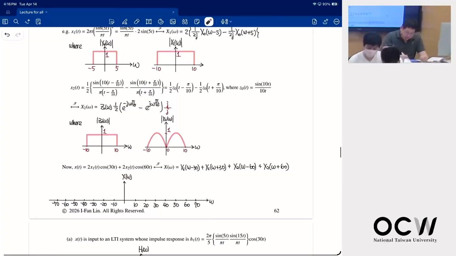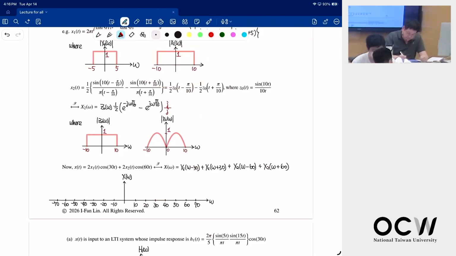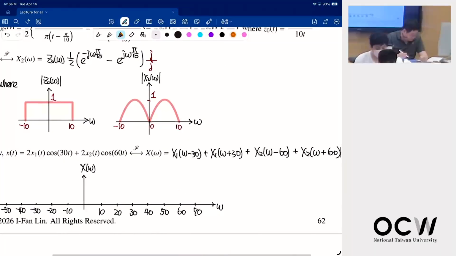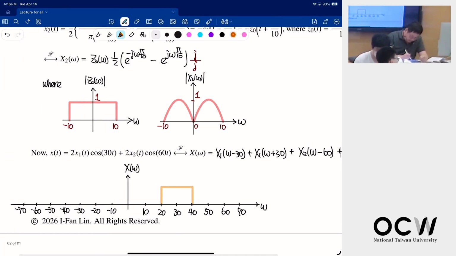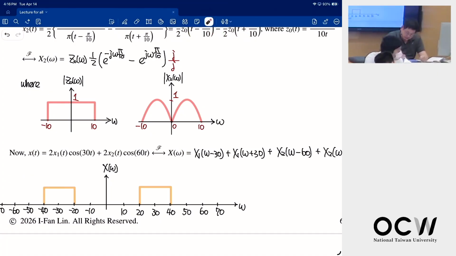Alright, so first, this shift to the right by 30. So 0 to 30 here. So I should have this rectangular pulse. Let's have like orange from 20 to 40. And then from minus 20 to minus 40. And then shift to the right by 60. So 0 will be here. So I have a McDonald here. This is McDonald.